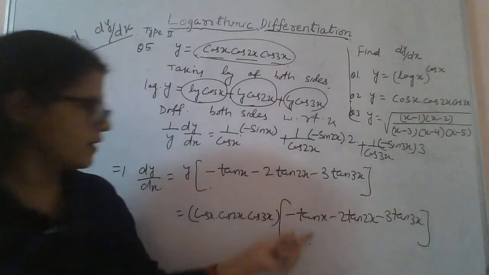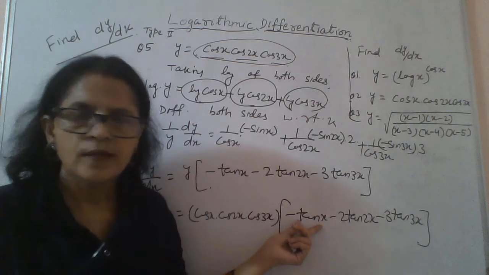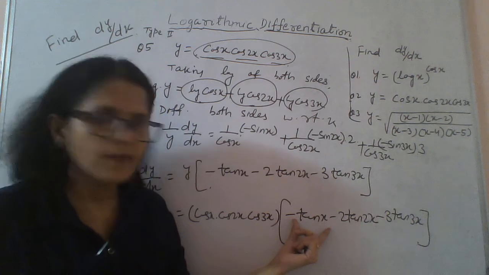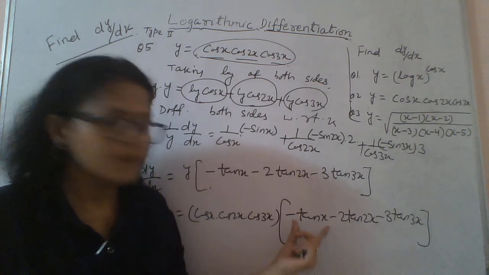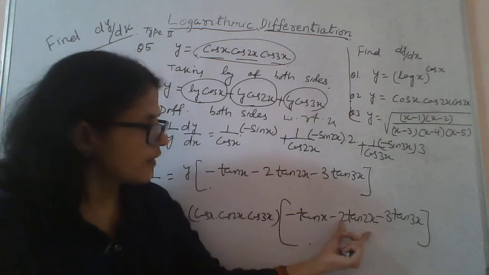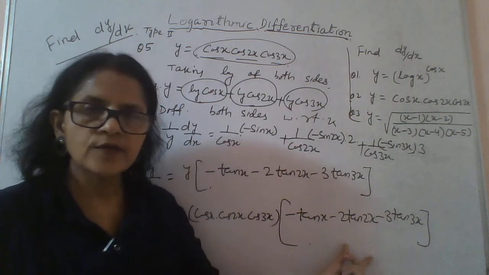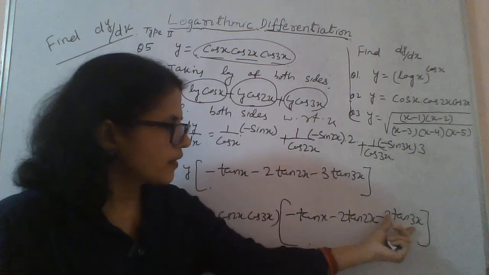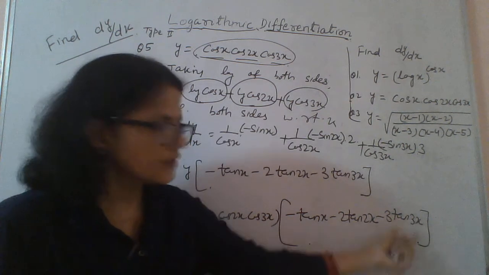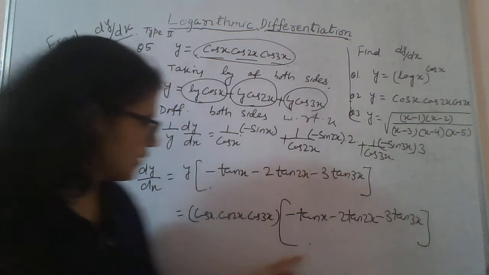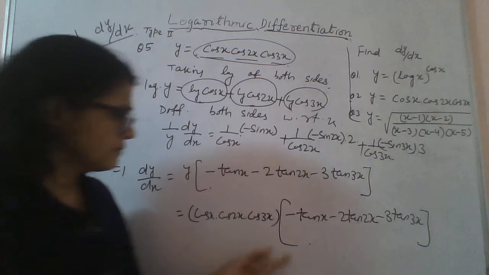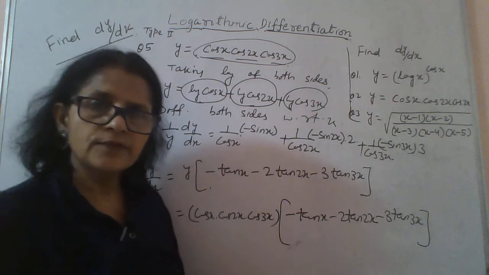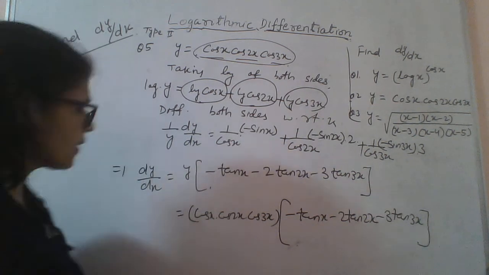Okay, so if you want you can simplify this also. Simplification like minus tan x, you can write here minus sin x by cos x, again minus 2 sin 2x by cos 2x, again minus 3 sin 3x by cos 3x, then you can simplify, it can be cancelled out. Should I do one more step?